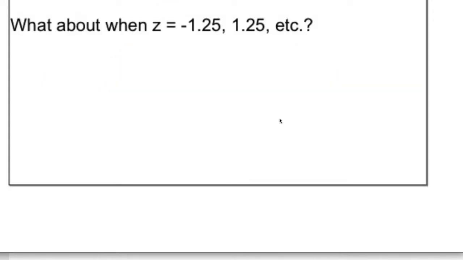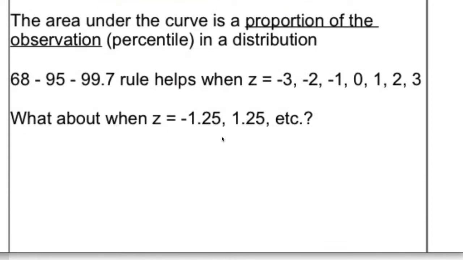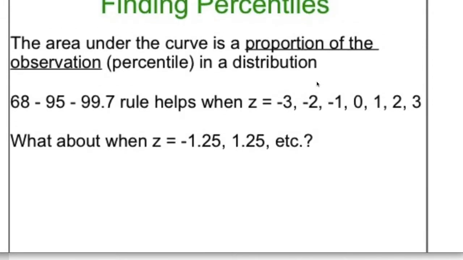What we're going to talk about today is what happens when you are not an exact standard deviation away, but what about -1.25 standard deviations away, or 1.25 standard deviations away, or 2.5, or -1.98? What happens when the numbers aren't as clear as 0, 1, 2, 3, or -1, -2, -3? That's what we're going to look at today.